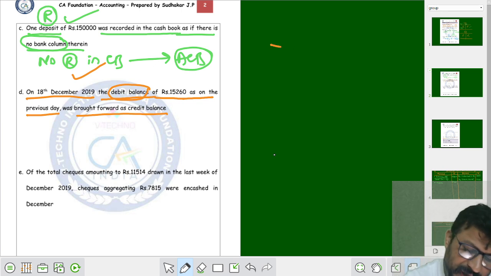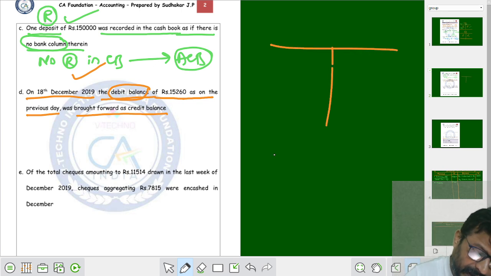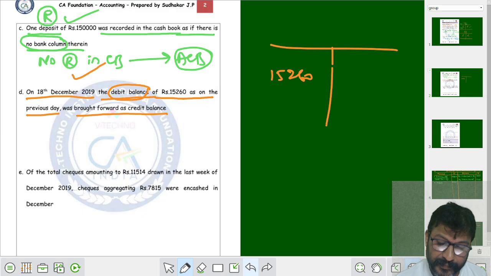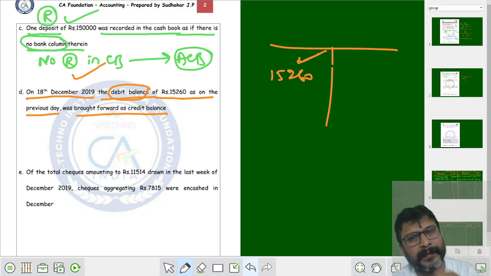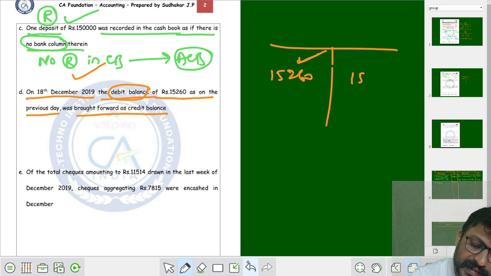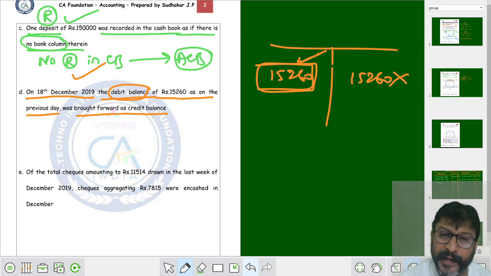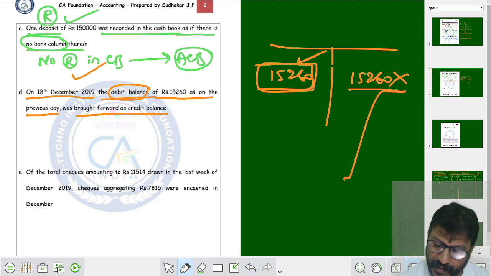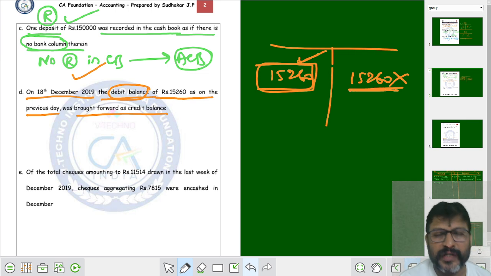How much amount? 15,260, it is supposed to be entered in debit side. But where have they entered? They have entered on the credit side. So not entered in the debit side, but recorded on the credit side with an amount of 15,260 rupees.